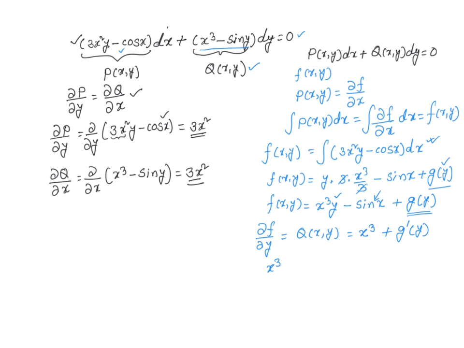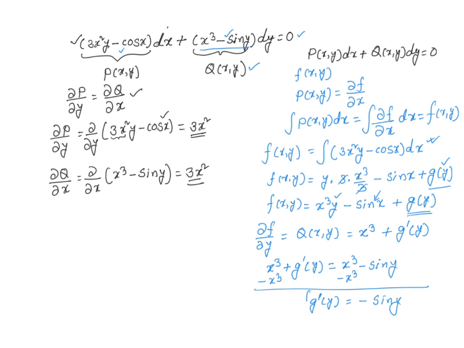So it's going to be x cubed plus g prime of y, and that is going to be equal to x cubed minus sine of y. Now I could subtract x cubed from both sides. That gives me g prime of y is equal to negative sine of y.